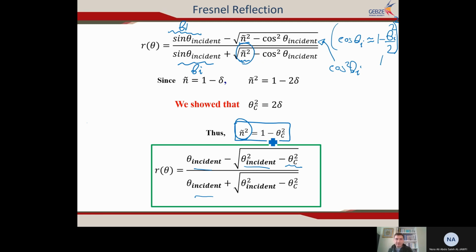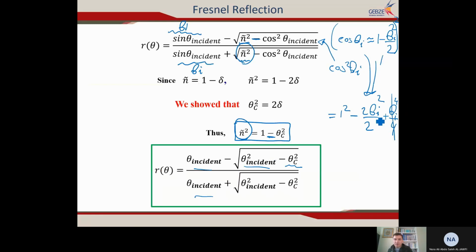Here we have a negative sign in front of the cosine square theta, but here we have positive theta square, because here we have a negative number. If you take the square of this one, you will get 1 square minus 2 times theta incident square over 2, plus theta incident to the power 4.